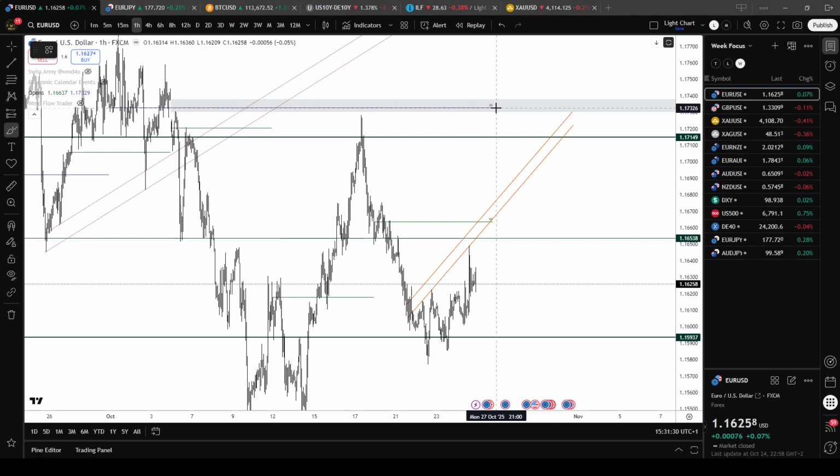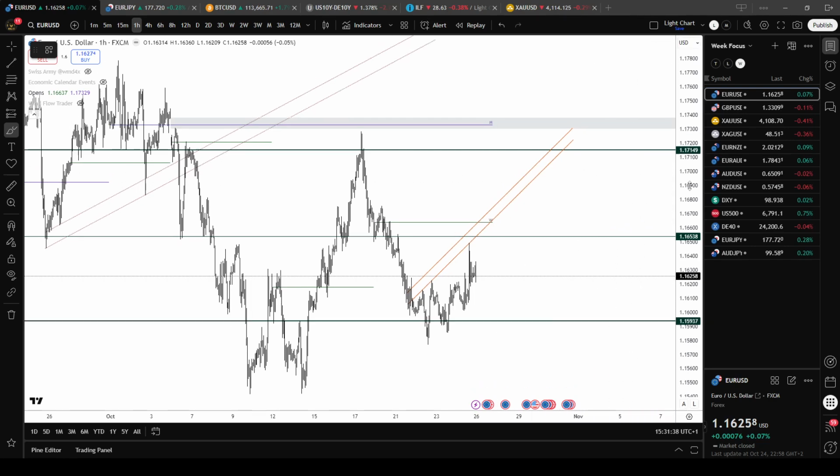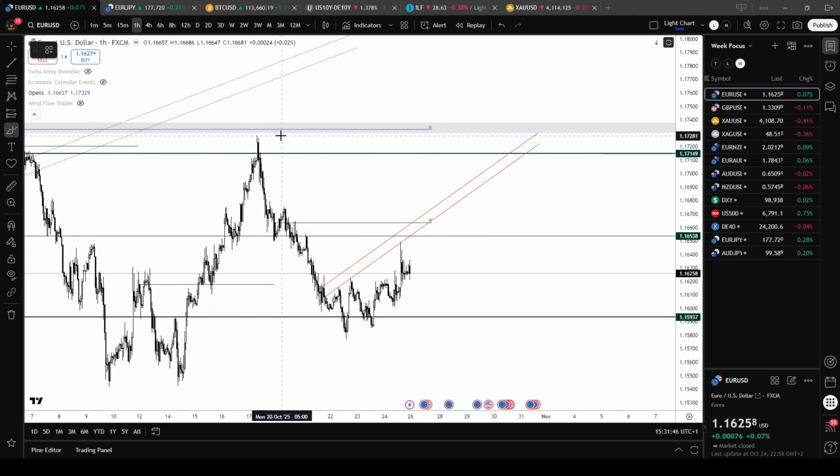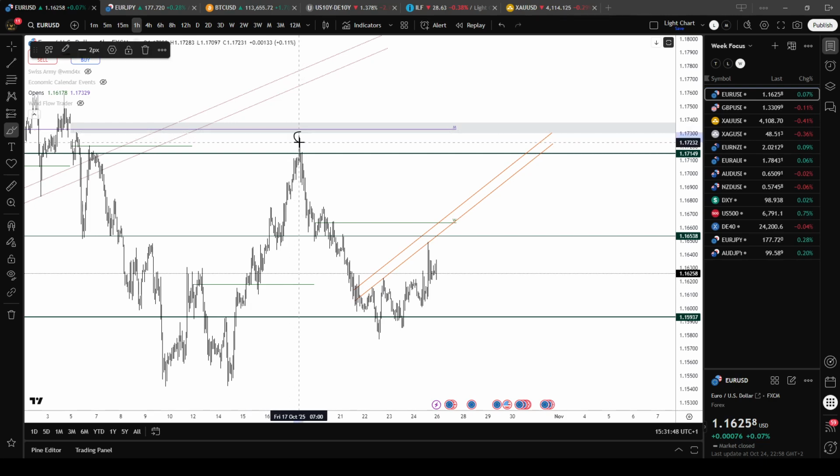Okay, the monthly open should be resistance, because honestly the whole month on the euro has been bearish. This is the monthly open, and all we've done is expand to the downside, and here we didn't quite retest that monthly open and fill the gap.